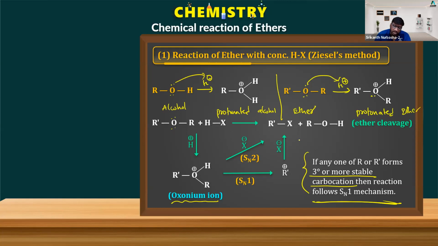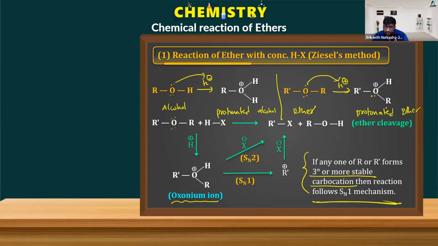Understand this point? First, you treat ether with HX. The lone pair of electrons on oxygen attacks the H plus to form protonated ether, or oxonium ion. That oxonium ion is then attacked by X minus in the SN2 manner when you are not producing any tertiary or more stable carbocation. If you have allyl or benzyl, then only SN1 is possible.